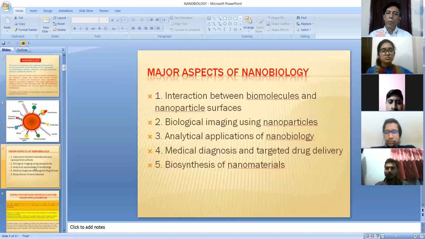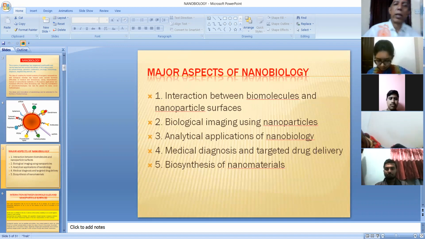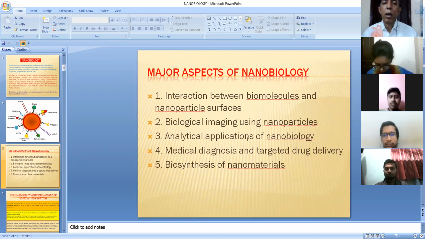Now, what are the major aspects of nanobiology? First one is interaction between biomolecules and nanoparticle surfaces.